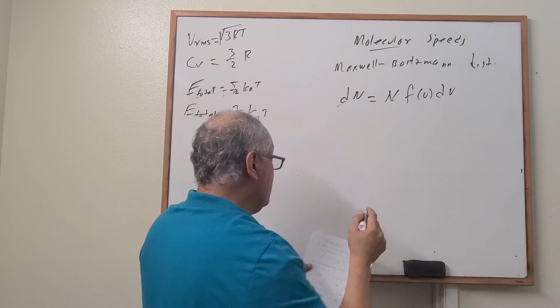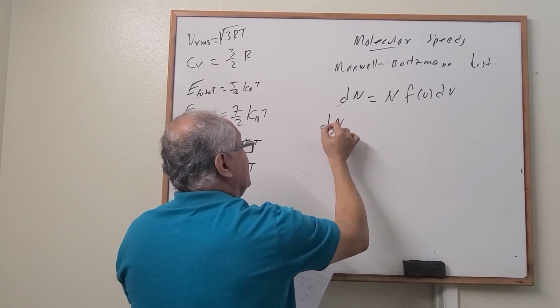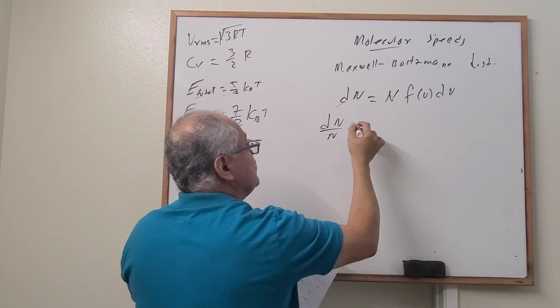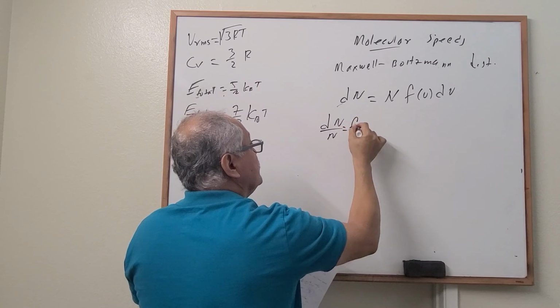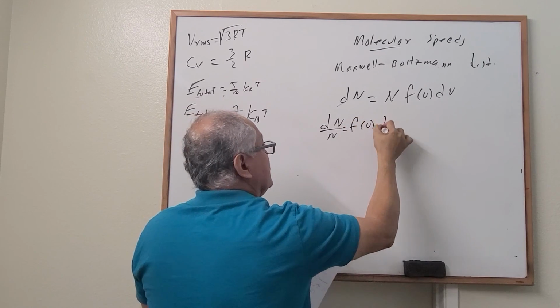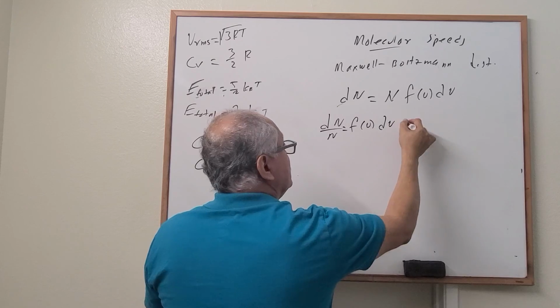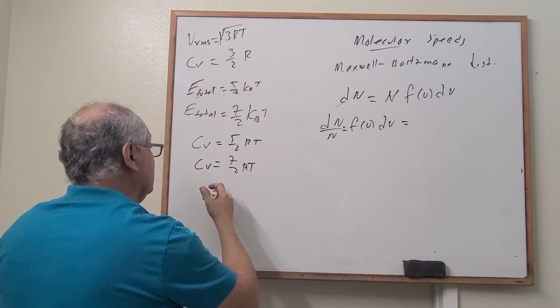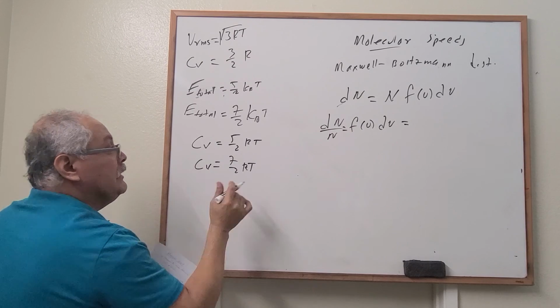From here, let's arrange this equation in this way: it's going to be equal to this function of velocity dv. Let me write it right here, we're going to use it later.